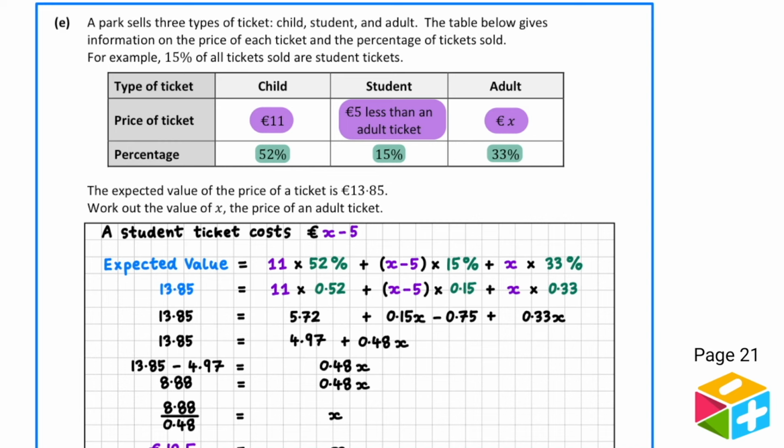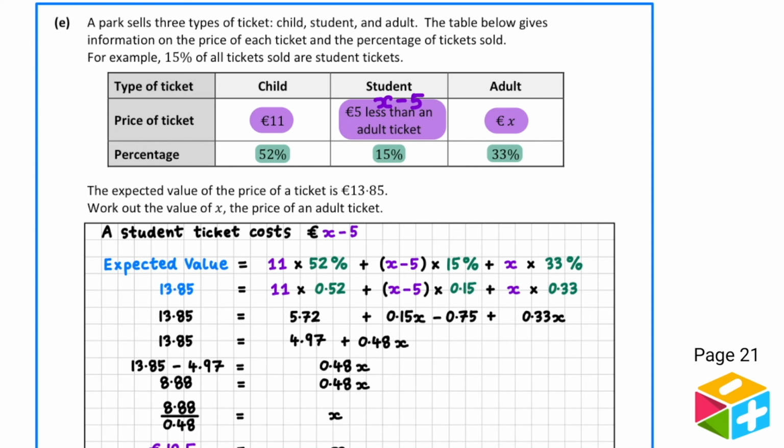Well, an adult ticket costs X euro and a student ticket costs €5 less than this. This means that a student ticket will cost X minus €5. To find an expected value, we must multiply together each value with its corresponding probability.